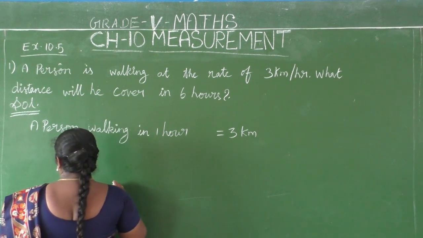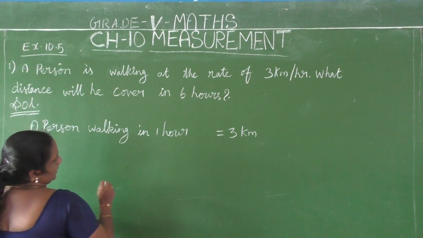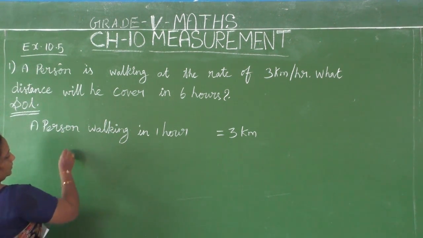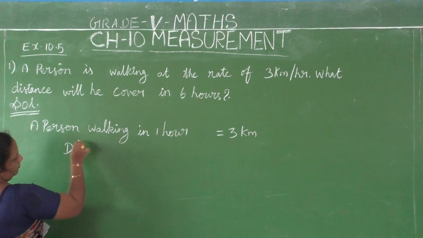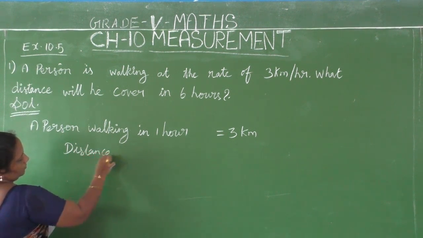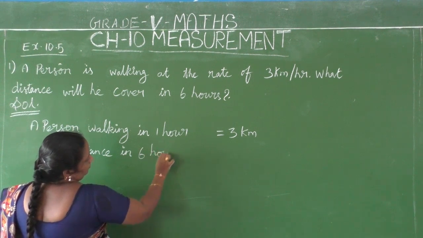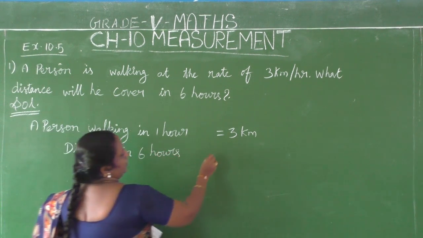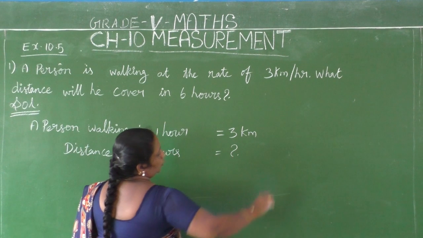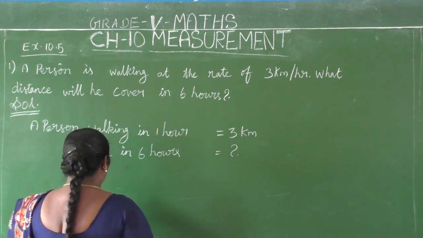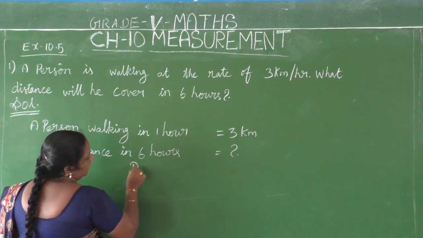Now, what is the distance he covers in 6 hours? They are asking the distance in 6 hours. We don't know the distance in 6 hours, so here we are going to use the distance formula.